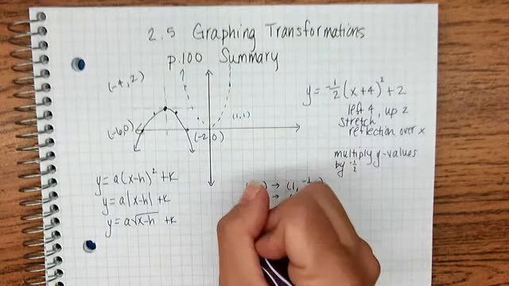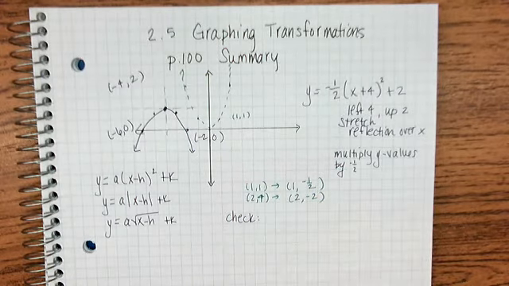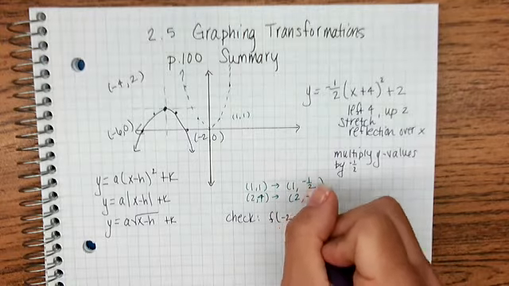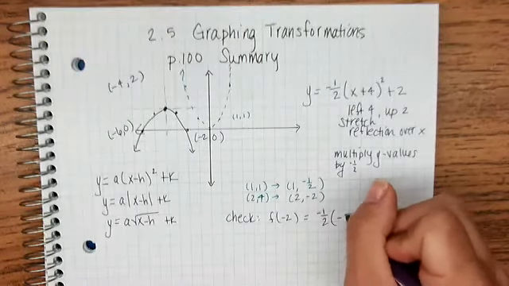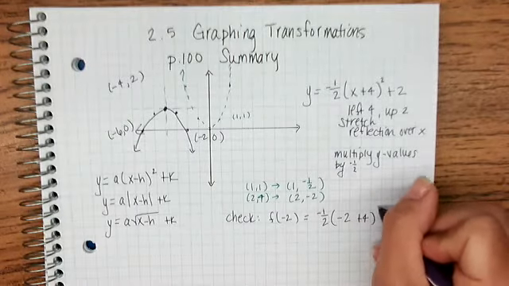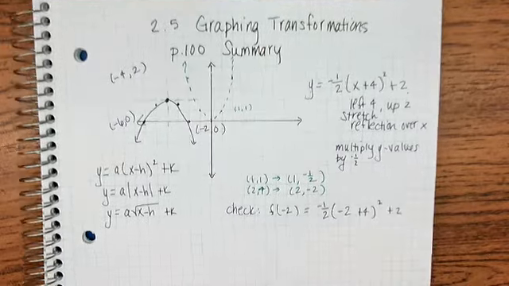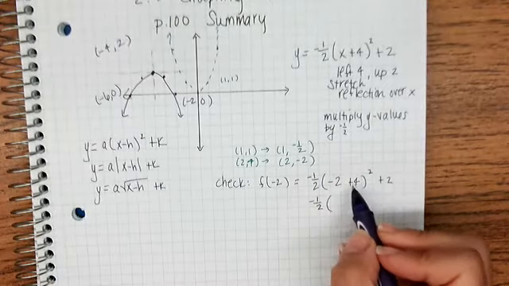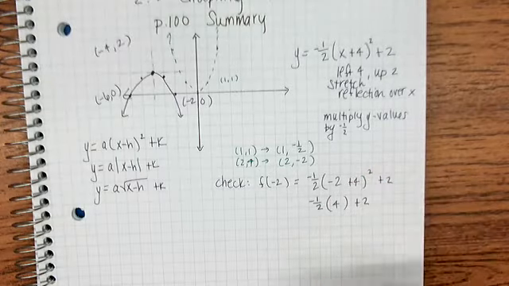So f of -2 is -1/2 times (-2 plus 4) squared plus 2. So this is -1/2, -2 plus 4 is 2, squared is 4, plus 2, and last time I checked, that was indeed 0.